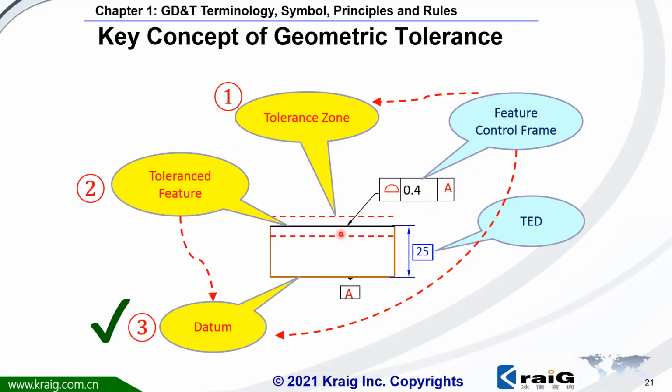We're going to explain what a tolerance zone is later. And this one, the top physical surface, we call the tolerance feature. This geometric tolerance of profile has a datum A, and datum A is the bottom surface. Where's datum A? We have just learned datum A is the tangent plane from the actual bottom surface. It's supposed to be a perfect tangent plane.